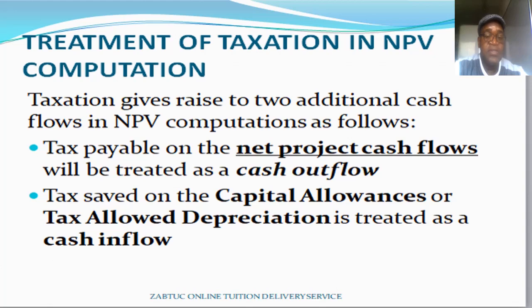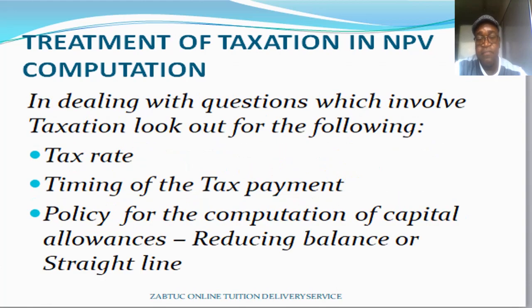So in our analysis, we're going to take the tax that is saved on the relief called capital allowance, or the other term, tax allowed depreciation. The tax that is saved by the capital allowance will be captured as a cash inflow.